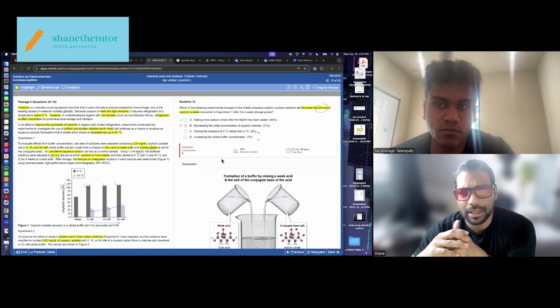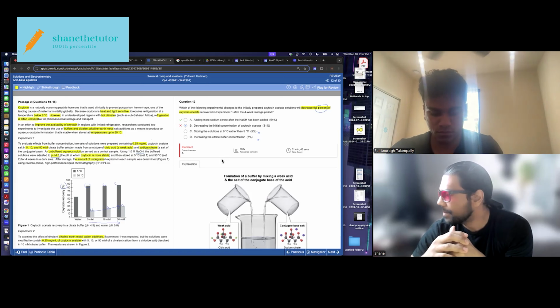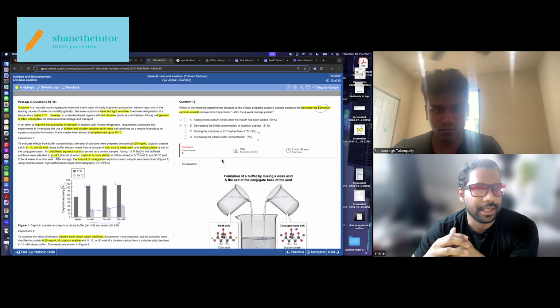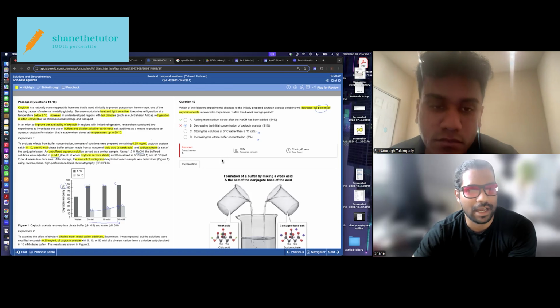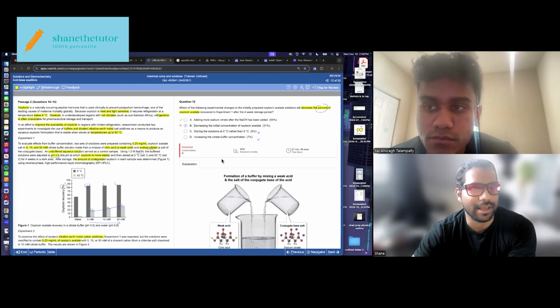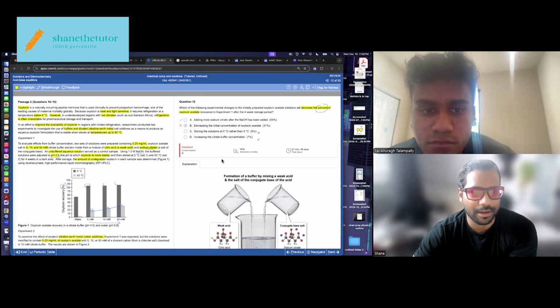Okay, so when they add the sodium hydroxide, the buffered solution's pH went to 4.5. My thoughts are if you add more citrate after that, it would change that pH.